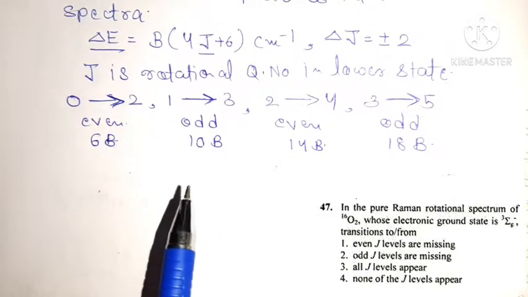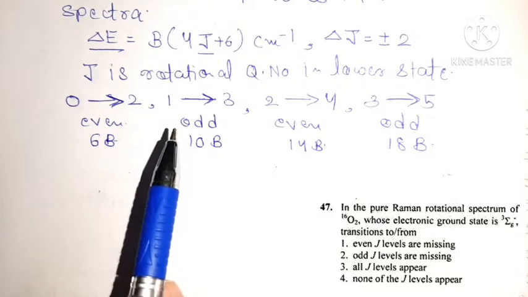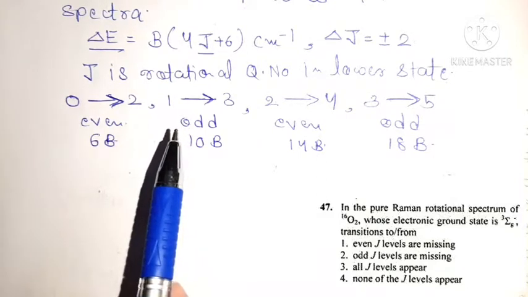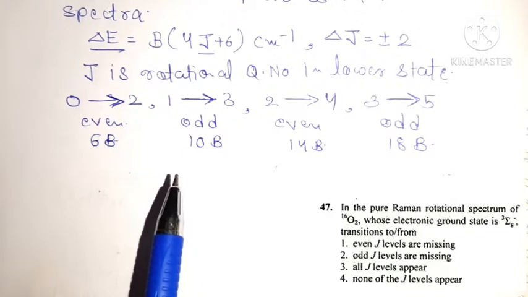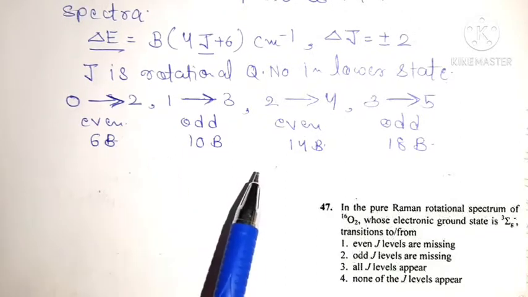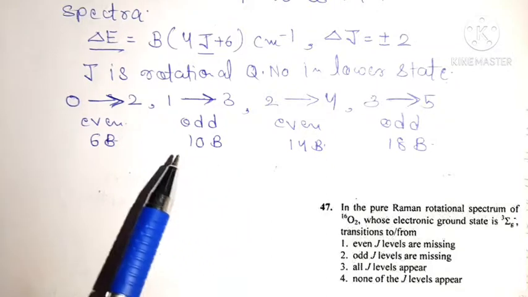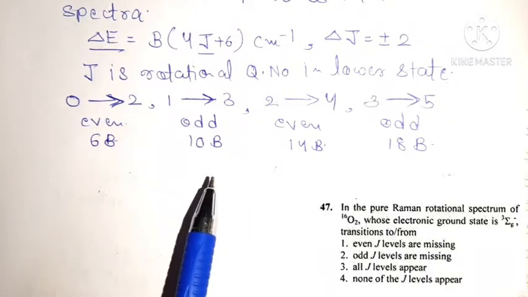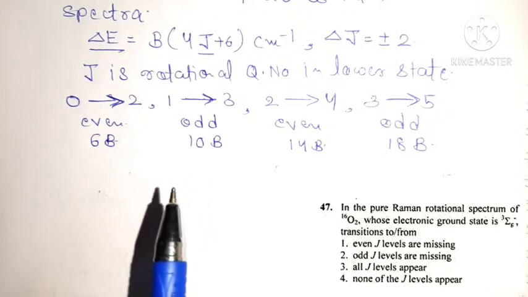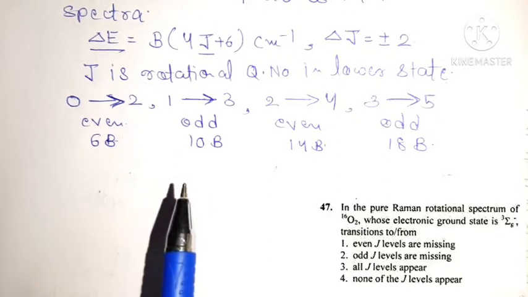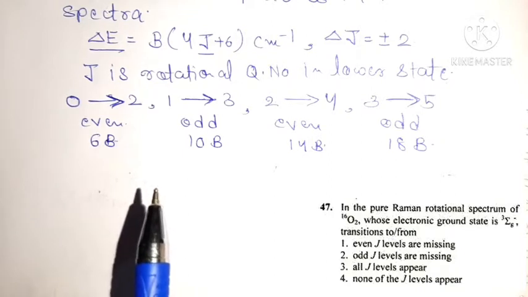Okay. And now what is the case in abnormal Raman spectrum? We say that in abnormal Raman spectrum certain J values are missing in your Raman spectrum. So the general condition for abnormal Raman spectra is if the molecule has center of symmetry.